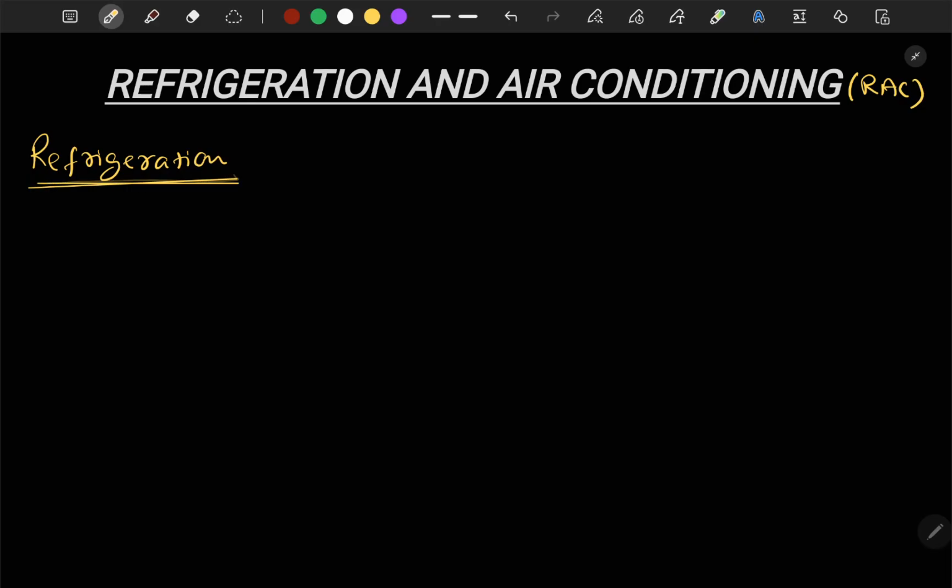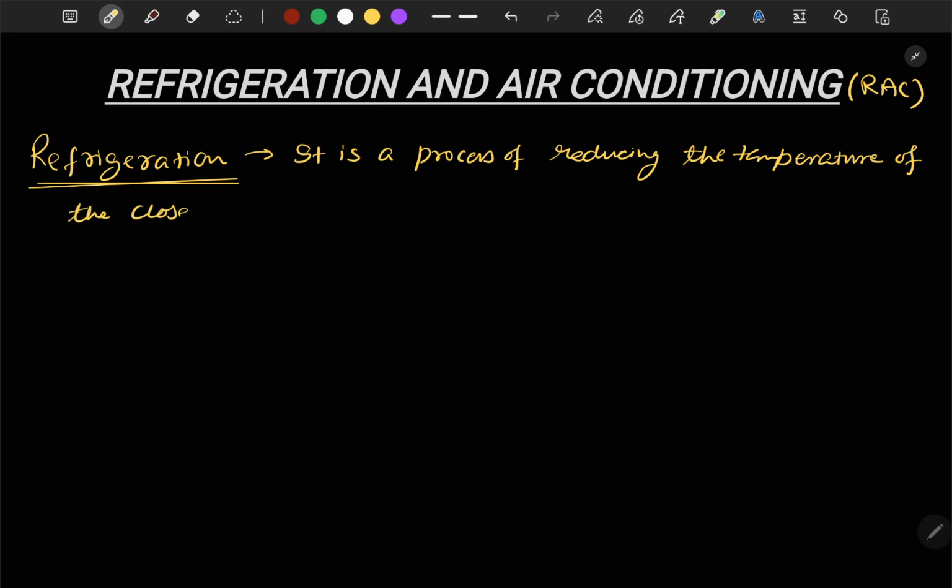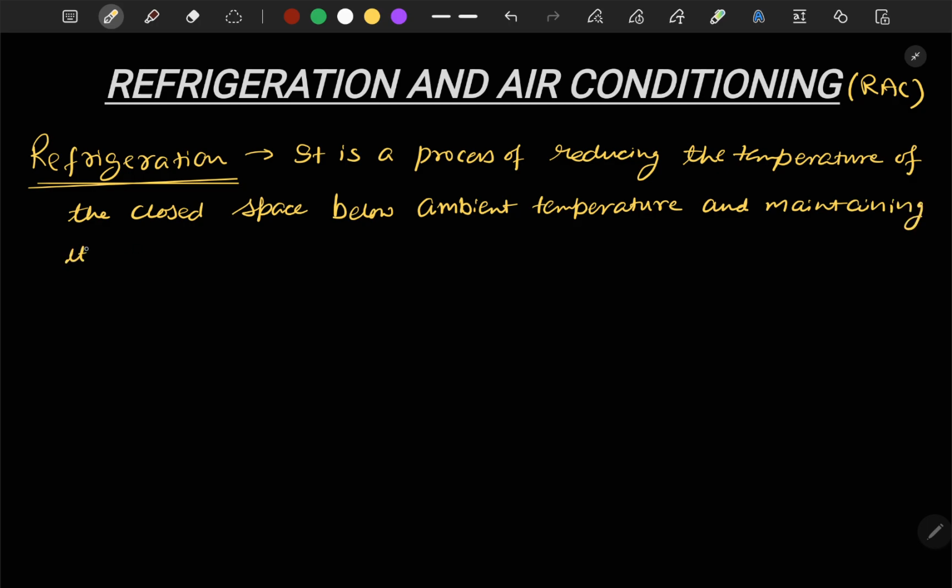Refrigeration. So if we talk about refrigeration, first of all we will see the definition of refrigeration. Refrigeration is a process of reducing the temperature of the closed space below ambient temperature, and maintaining it at that temperature.